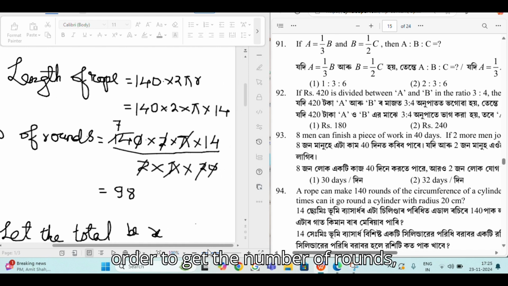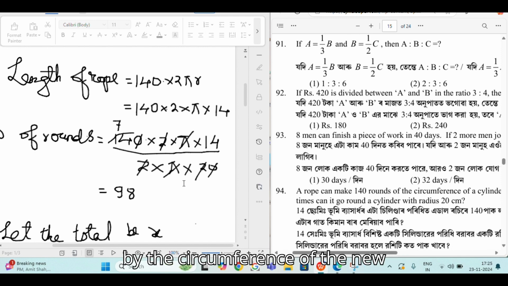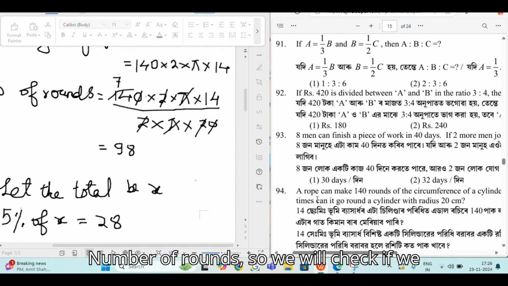Now in order to get the number of rounds, we divide the length of the rope by the circumference of the new cylinder, that is 2 pi r, 2 pi into 20 centimeter. If we cancel, then 2 and 2 will be cancelled, this pi will be cancelled, and 0 and 0 will be cancelled. 2 sevens are 14, so if you multiply this by 2, the remaining 98 will be the number of rounds.